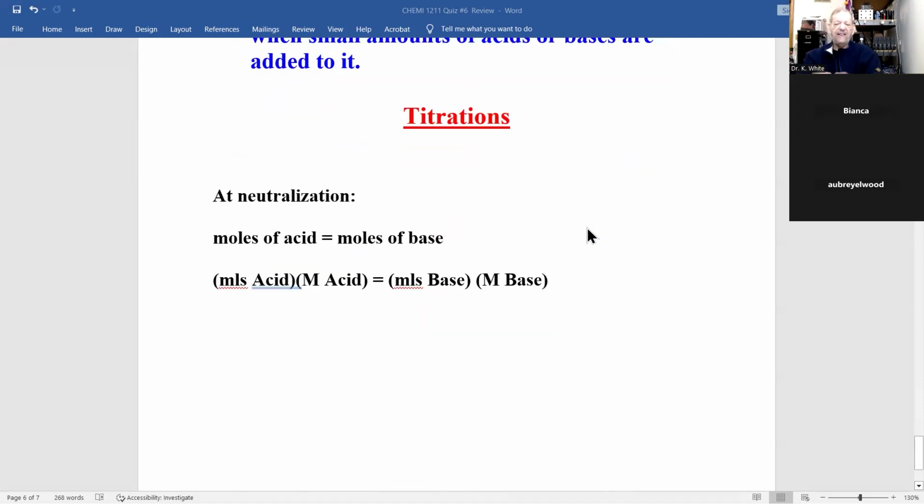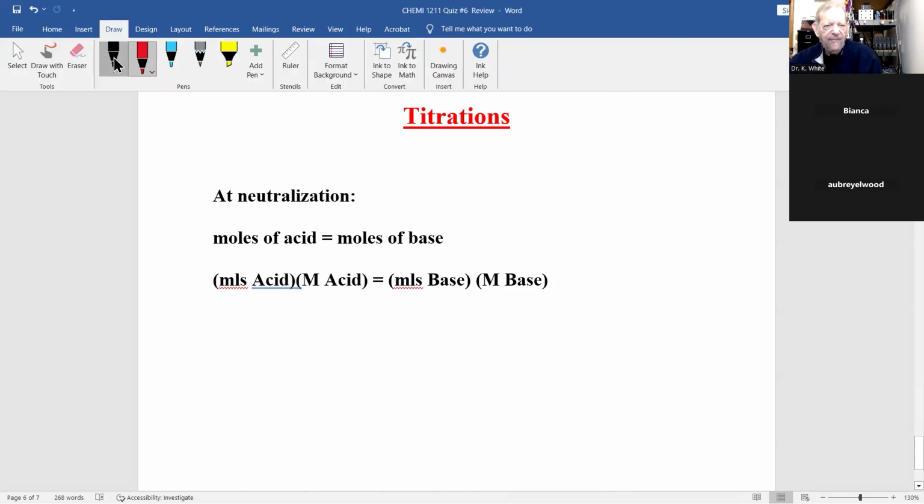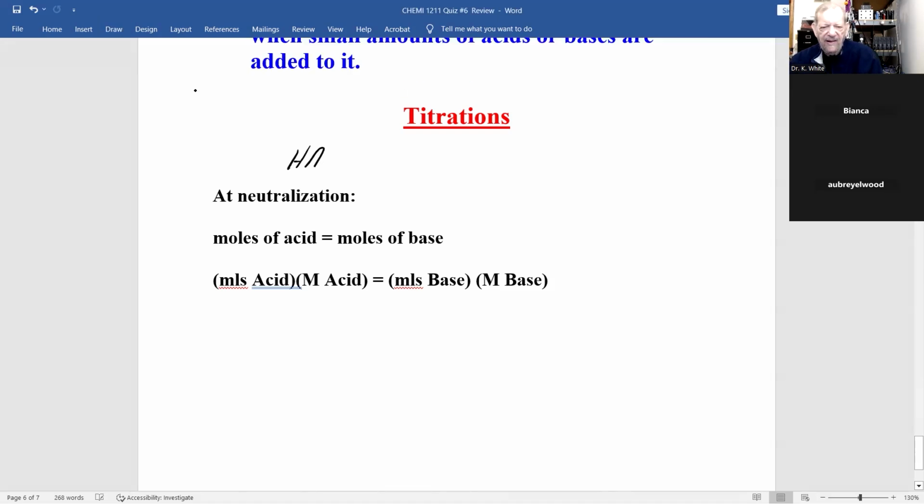Now, the last thing I'd like to talk about is titrations. We have what's known as the neutralization reaction. And if you take an acid, any acid, and you add to it a base, and usually with strong acid and strong base, the K equilibrium is very high, it's mostly to the right, you'll get a salt.